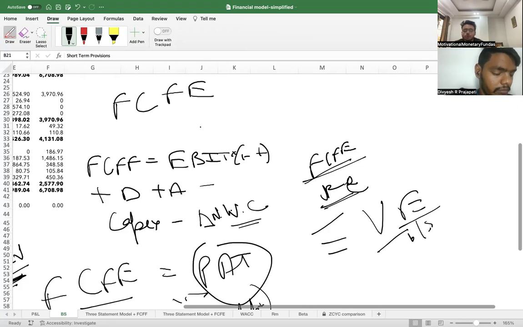Taking loans and giving out loans. The interest at which the bank gives a loan minus the interest at which the bank takes a loan; the difference between the two is the spread. It's a margin for the bank. It's the net interest margin, NIM as we call it. The rate at which the bank gives out loans minus the rate at which the bank takes loans, the difference between both interest rates.